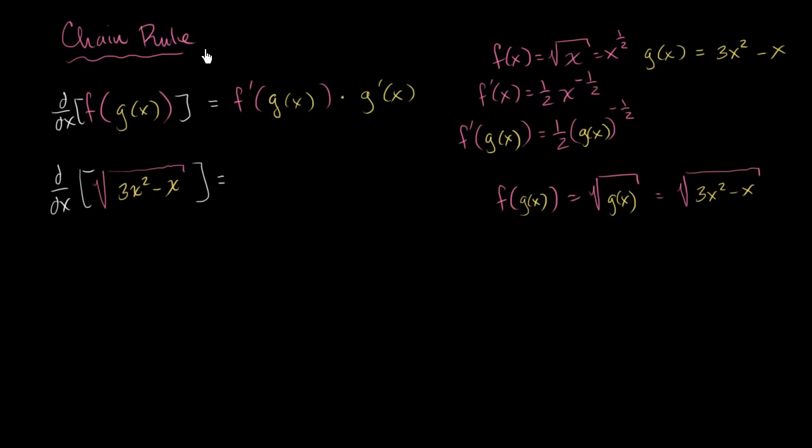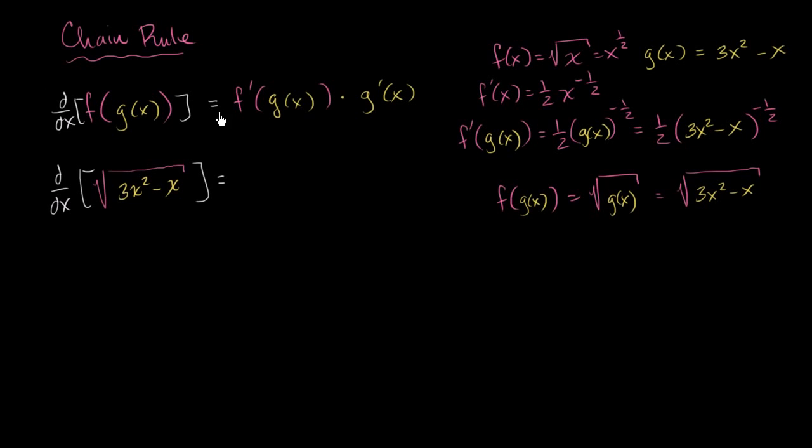So it's going to be 1/2 times all of this business to the negative 1/2 power. So 3x squared minus x, which is exactly what we need to solve right over here. F prime of g of x is equal to this.